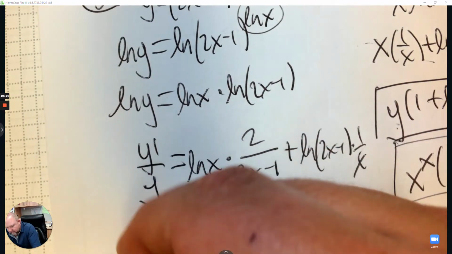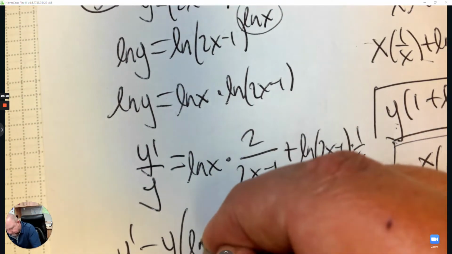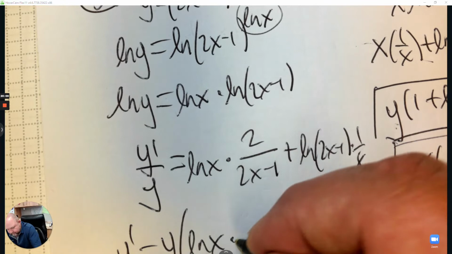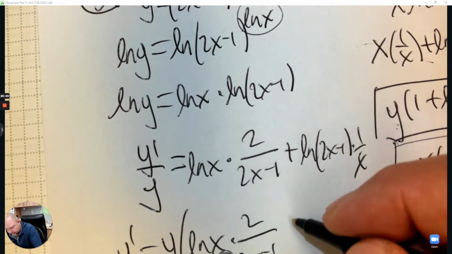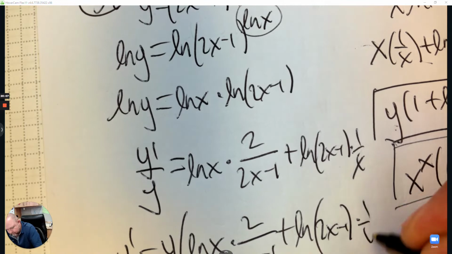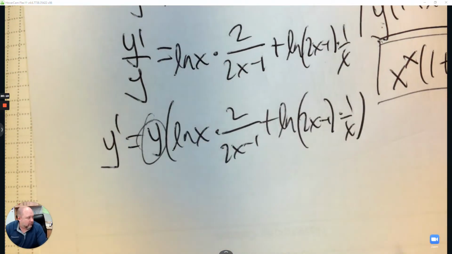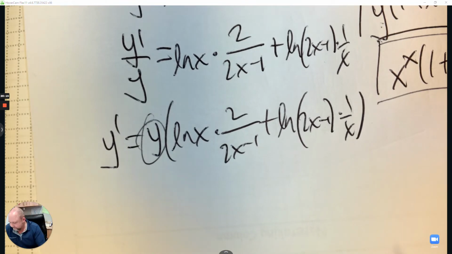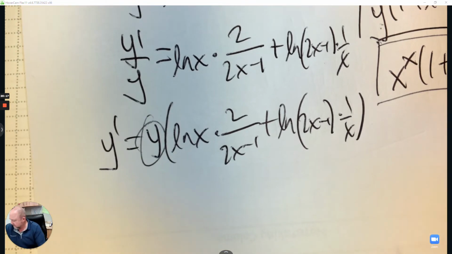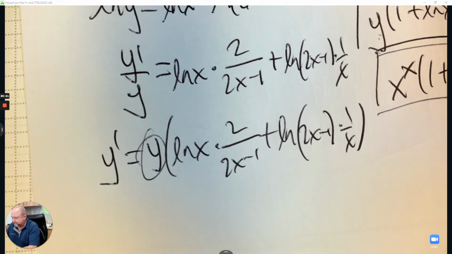And then multiply everything times y. And then we could take out y and put in what y equals, or not, if you want it all in terms of x. Those are tough, right? Not too bad, but a little bit different. 35.